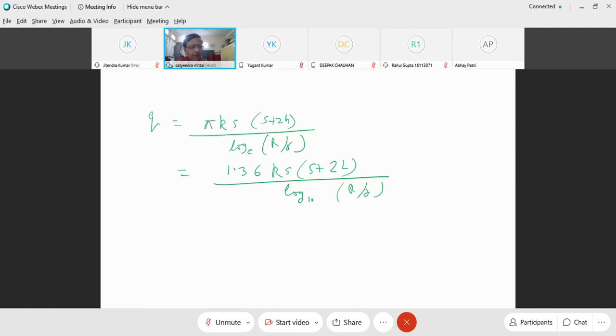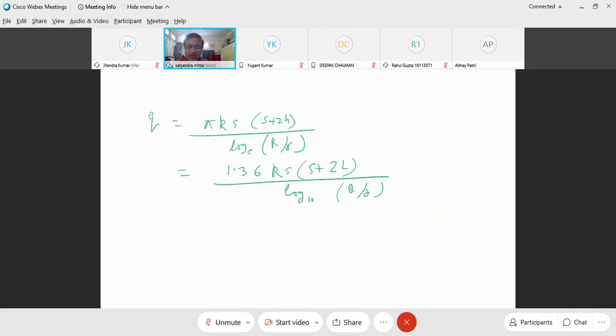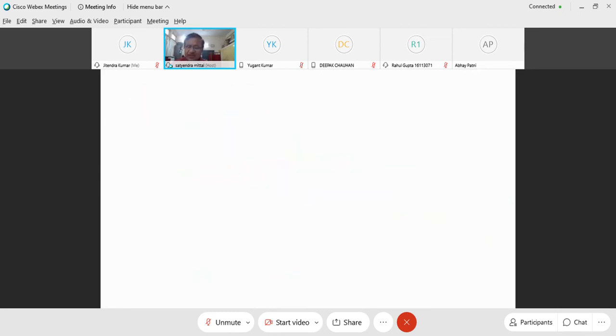The equation which you have derived here is the most popular general equation to remember. Okay, so this was the derivation for the unconfined aquifer.